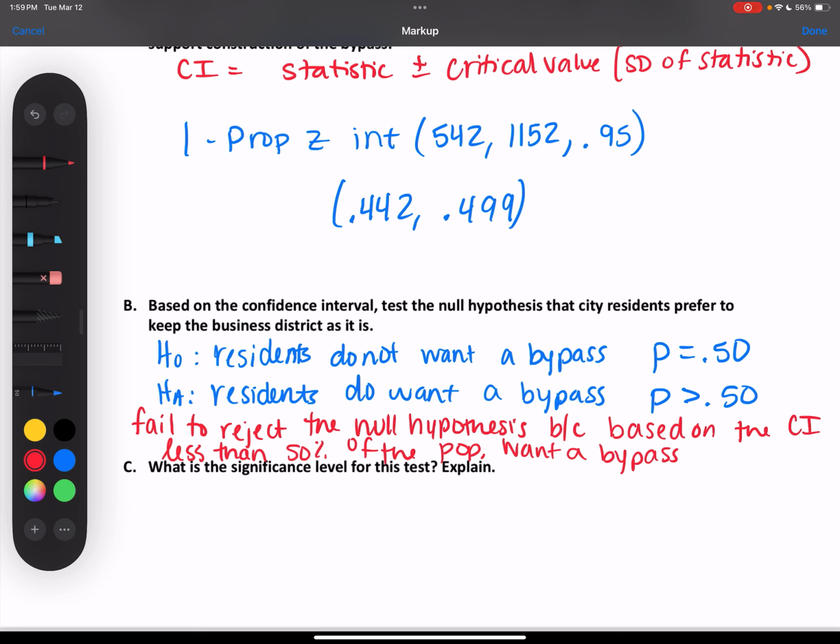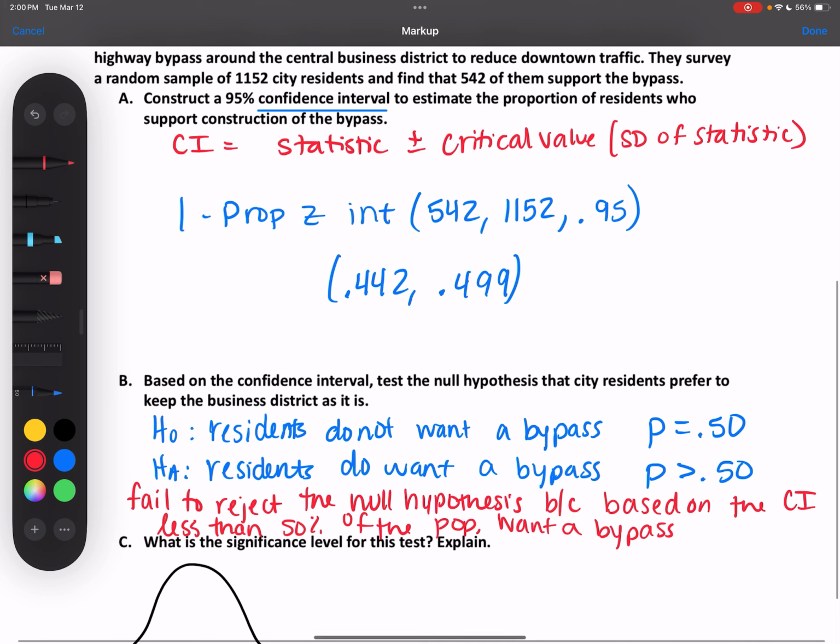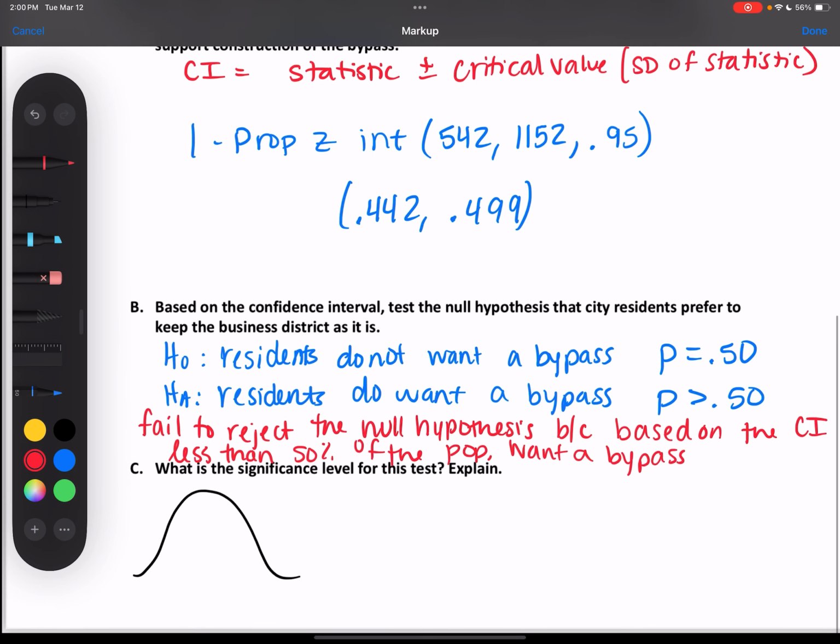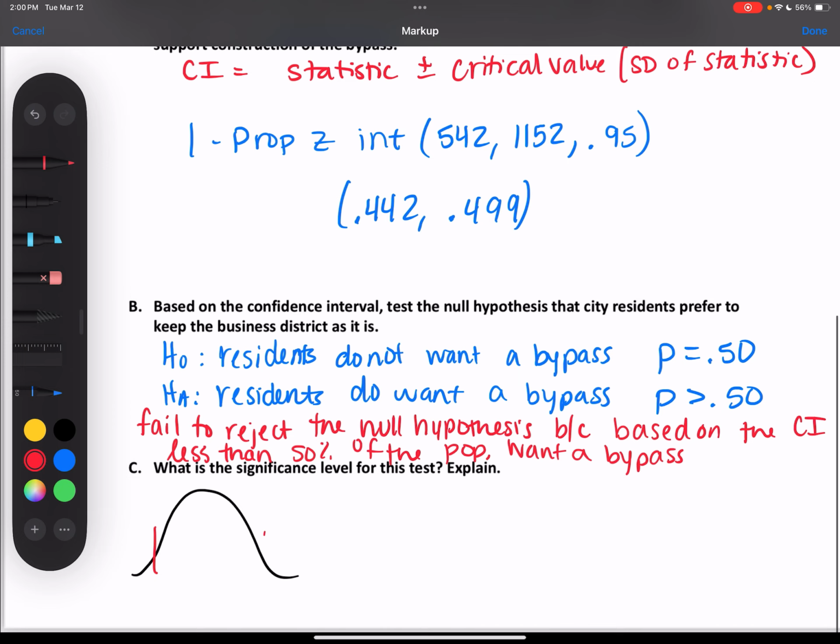All right. What is the significance level for this test? Is that like the alpha level? Any ideas? All right. So we were told that we were using a 95% confidence interval. So how much is not used? 5%. 5%, right?